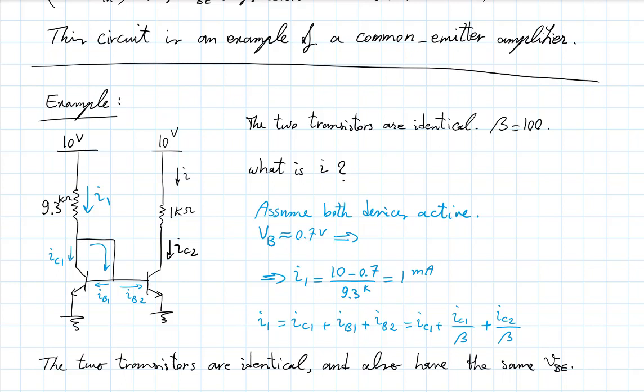The rest is left for this 9.3 kilo ohm resistor. Now, whatever this current is, the other transistor, which sees the same exact VBE, has mirrored in its own collector branch. This is actually called a current mirror, and it is a basic design for a current source.